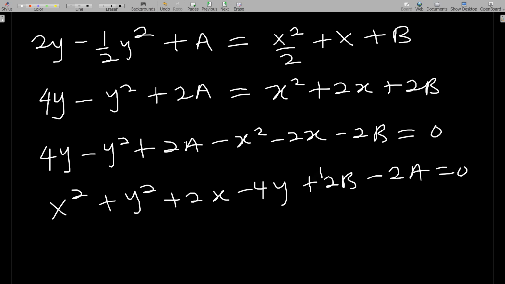Now the whole of this we are saying is a constant because they are both constants. So when I multiply 2 by b, it is still a constant, and when I subtract 2a from it, I still get a constant. So let's replace the 2b minus 2a that we had by a constant, let's say c, and this equals 0.